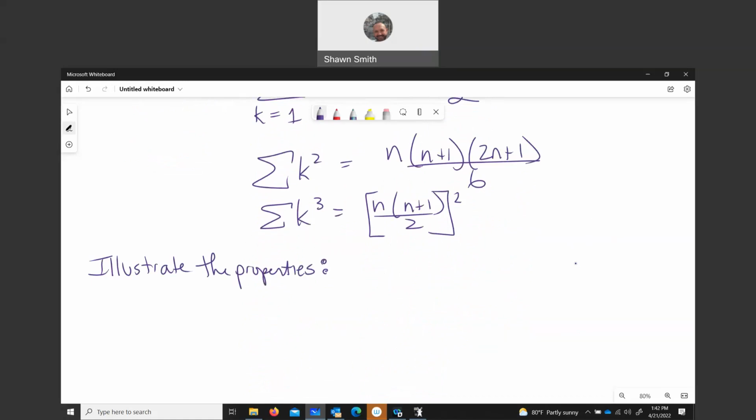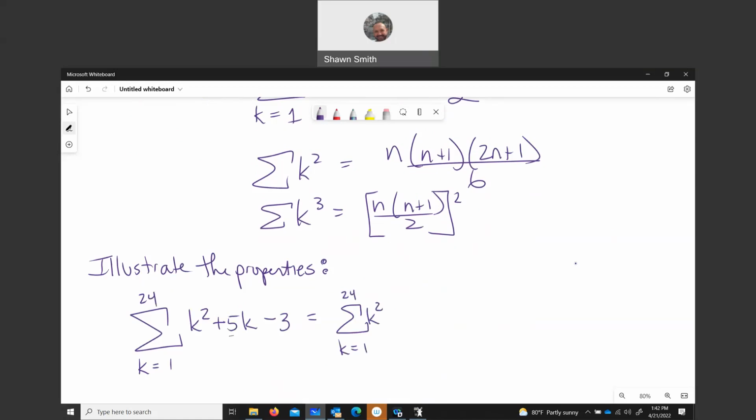I might have something that says illustrate the properties, meaning expand this as much as possible, I guess. Now, obviously, you can put this in a calculator and actually calculate what it is. But if I didn't have a calculator, or this calculator broke, I can say, okay, well, this one is the summation as k goes from 1 to 24 of k squared.